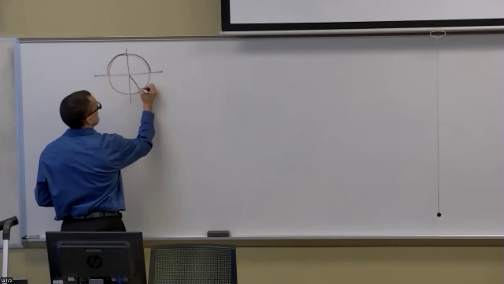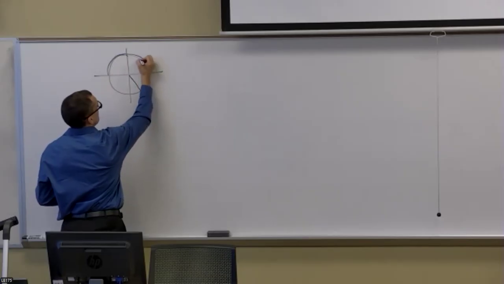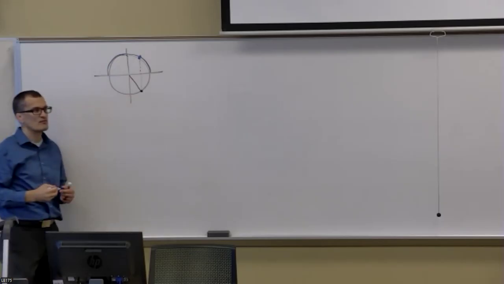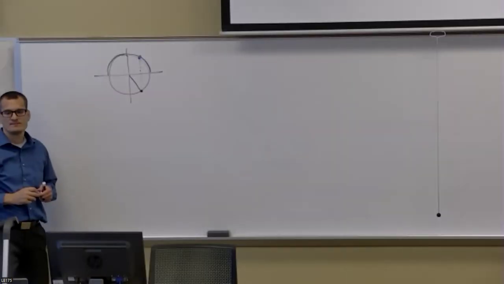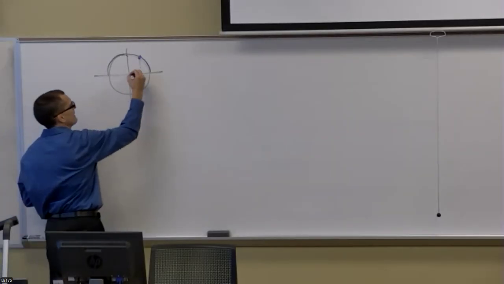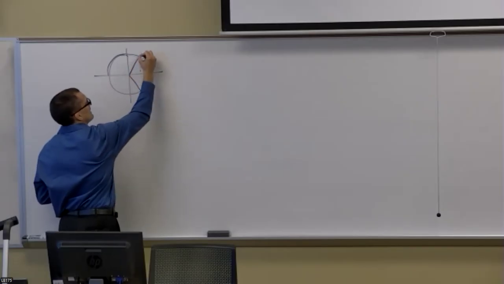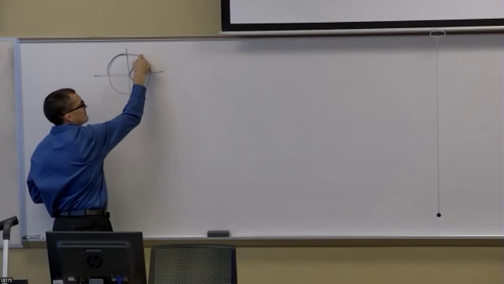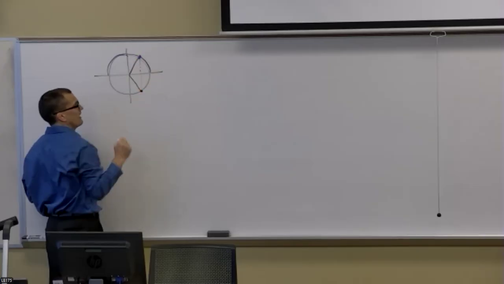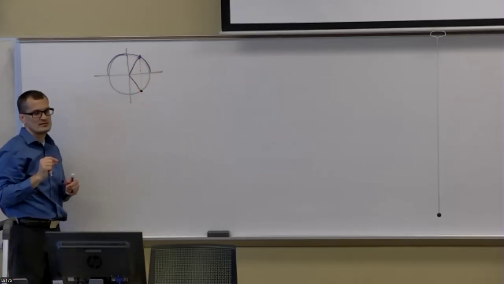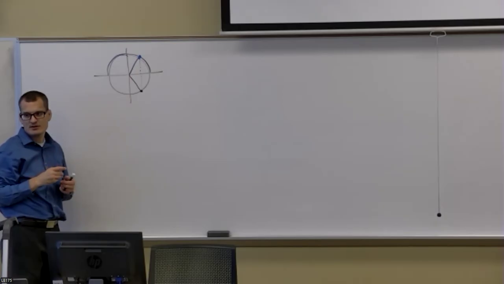So what it's doing is giving me the answer for that angle up there, this angle here, which has the same cosine as that. Same x value on the unit circle.